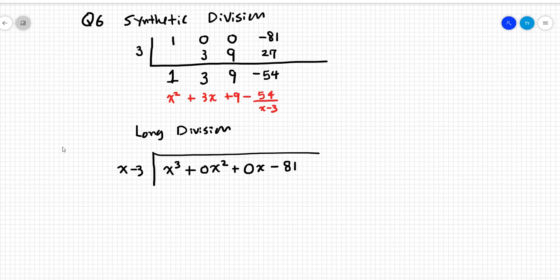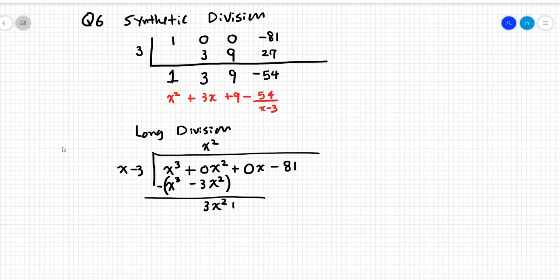So x goes into x cubed, x squared times. So then you got x cubed here, then you got minus 3x squared. And you're going to have to subtract that from the top. So x cubed minus x cubed is going to go away. And the 0x squared minus minus 3x squared, you get 3x squared.